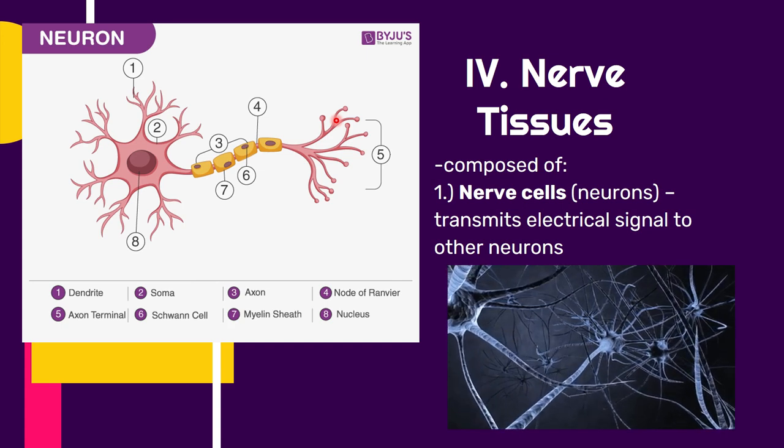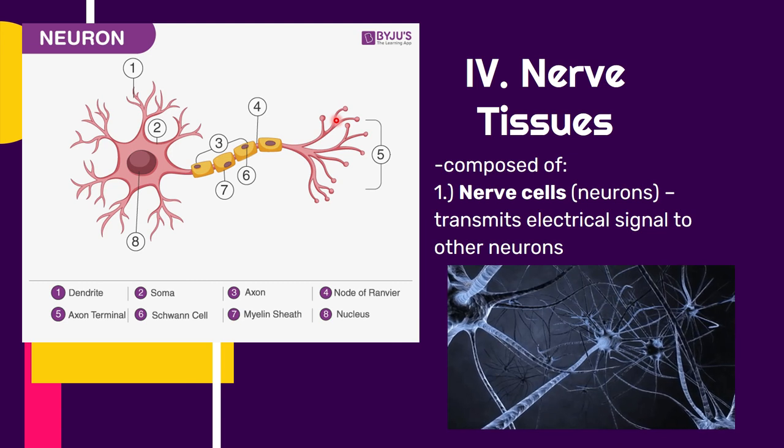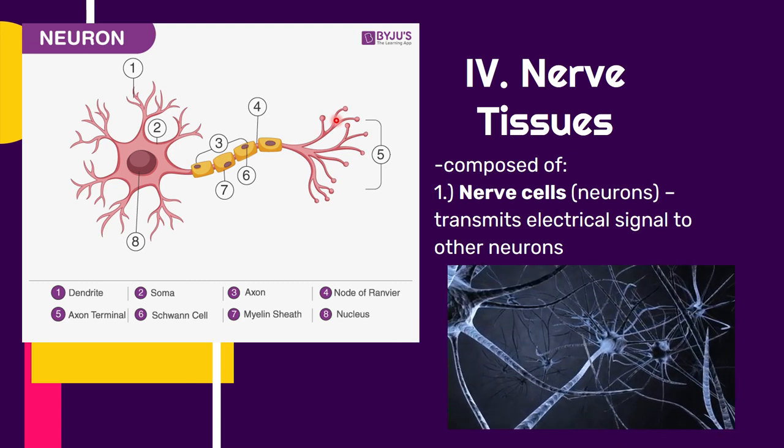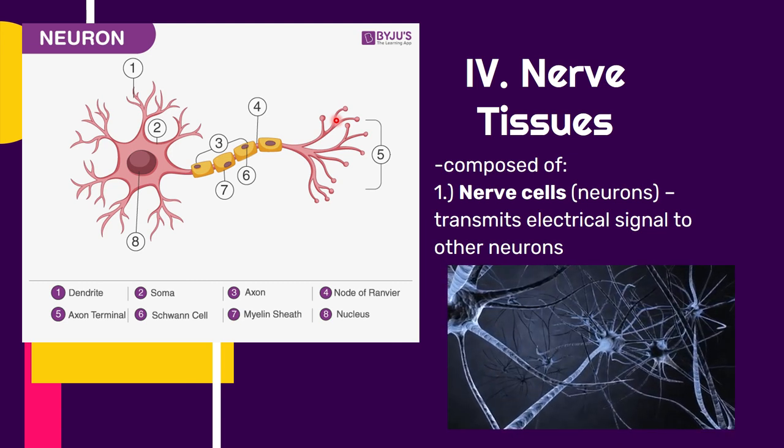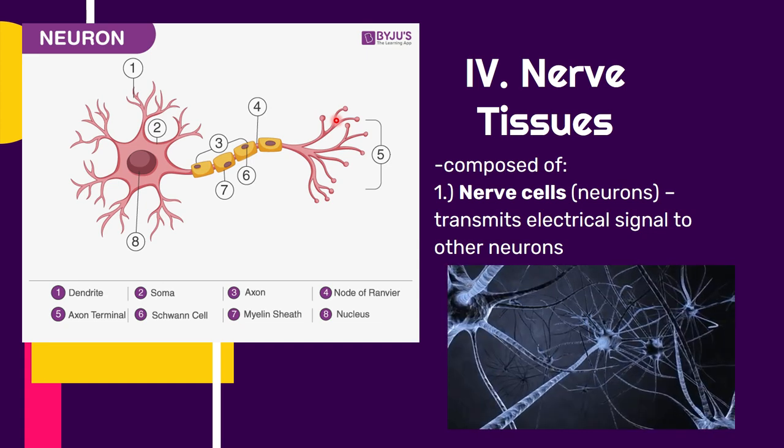Once the electrical signals or the information reach the brain, it will be processed. So your brain will tell you that, oh, it is very hot, so pull your hand away from the boiling water.